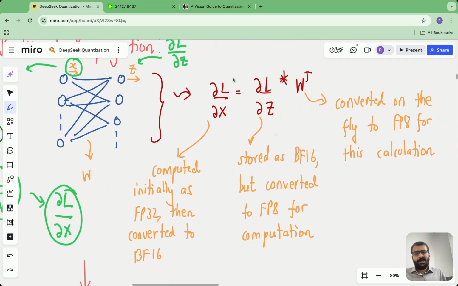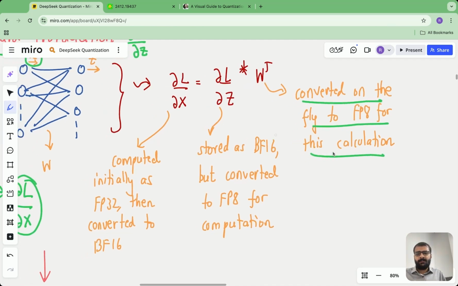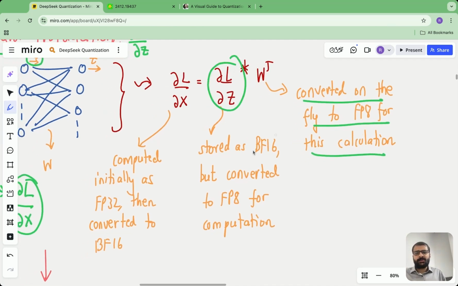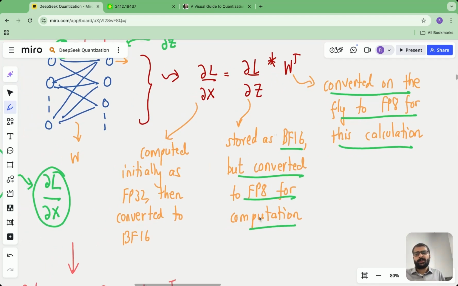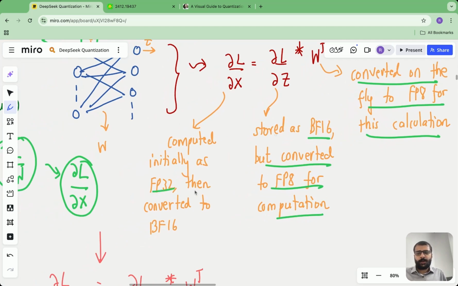Now to get the partial derivative with respect to these inputs, the weights are again converted on the fly to floating point 8 for this calculation, and dL/dz is stored as brain float 16, but it's converted to floating point 8 for computation. And dL/dx is computed initially as floating point 32, then converted to brain float 16.